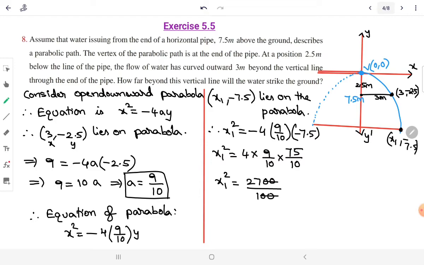Let's cancel these two zeros. x1 square equals 27. From this, x1 equals root 27.